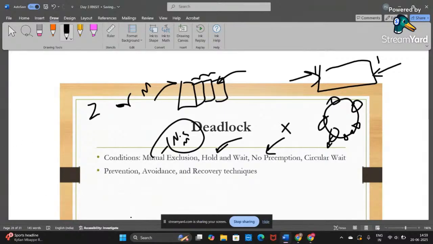Then we'll see what is deadlock prevention, and deadlock avoidance and recovery techniques.